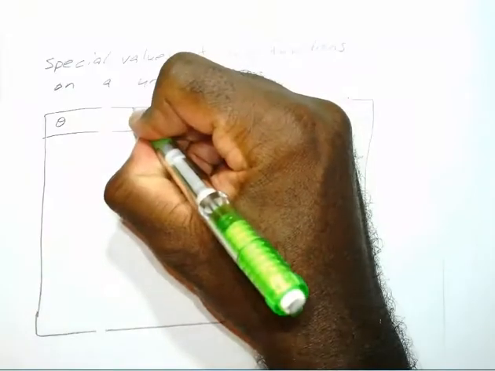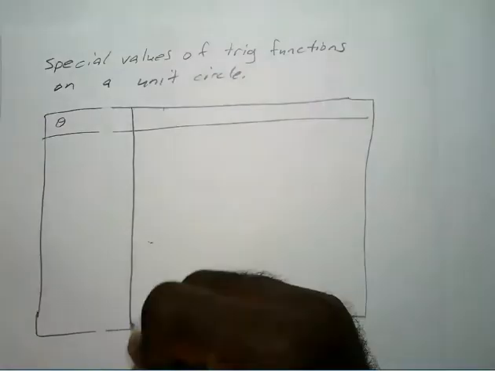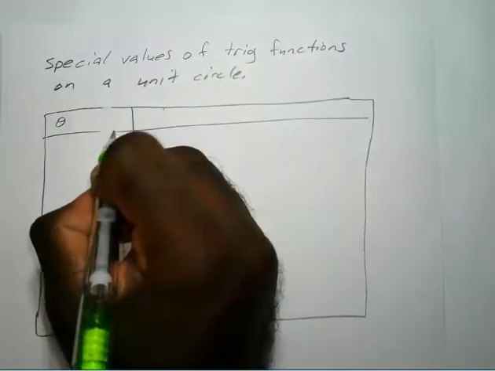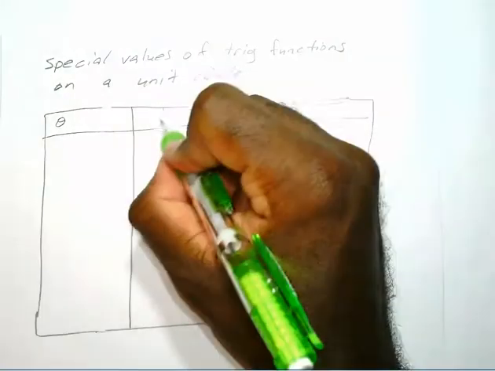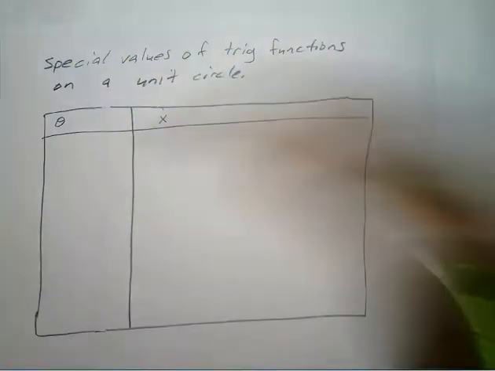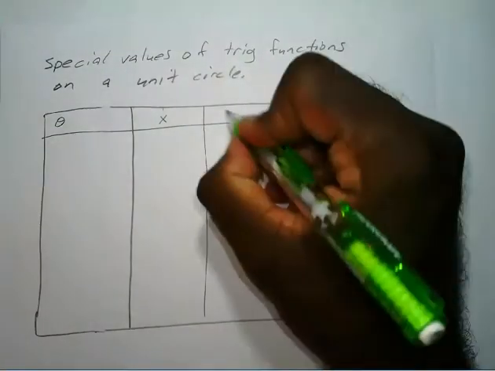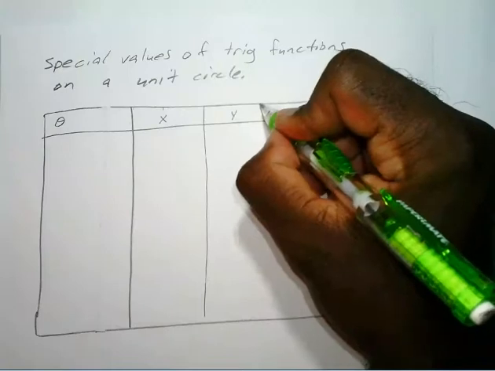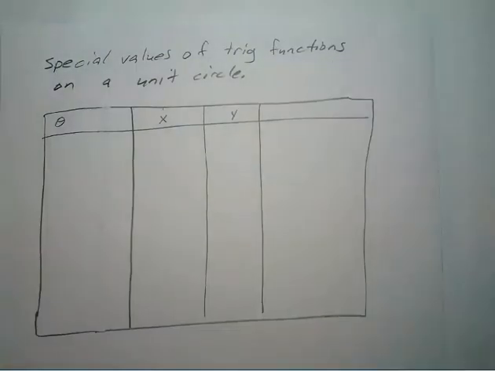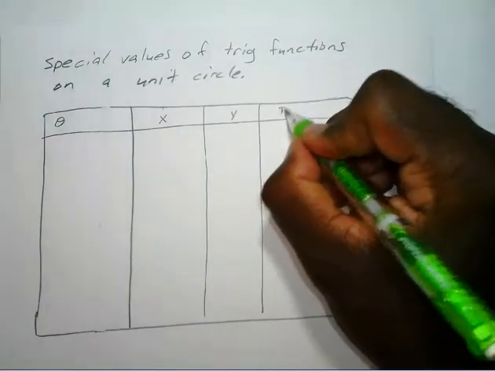So these are your theta values, your x, that's your y, and this will be your terminal point.